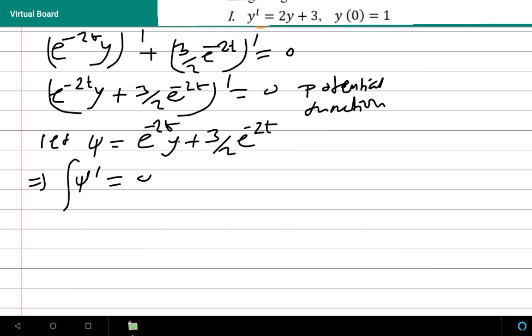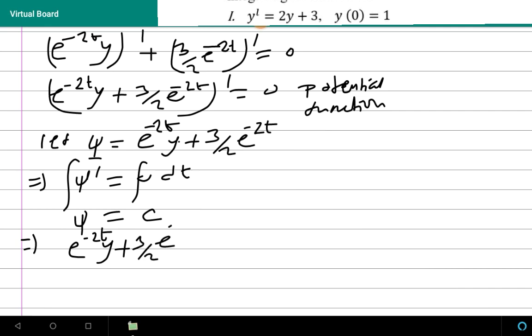Now take the integral on both sides, which means that my u, that's Q, will be equal to c. But we know that Q is equal to that, so e^(-2t) y plus 3 over 2 e^(-2t) is equal to c. I'm looking for y, so I maintain the y, and then we pick the other terms to the other side.